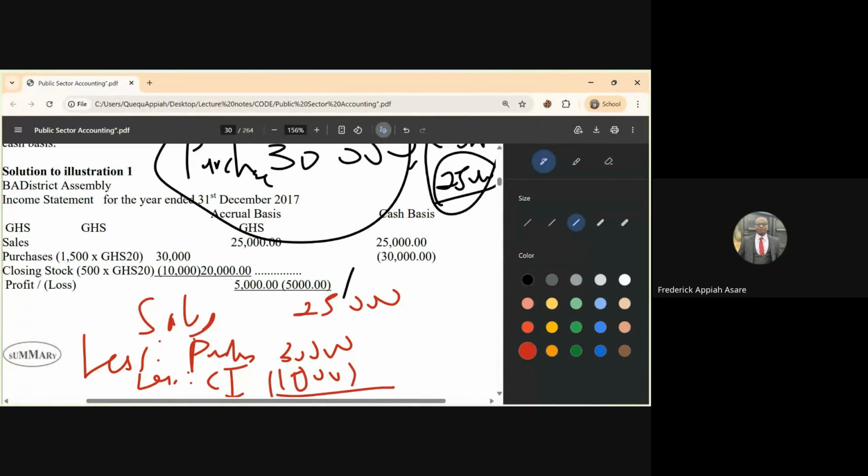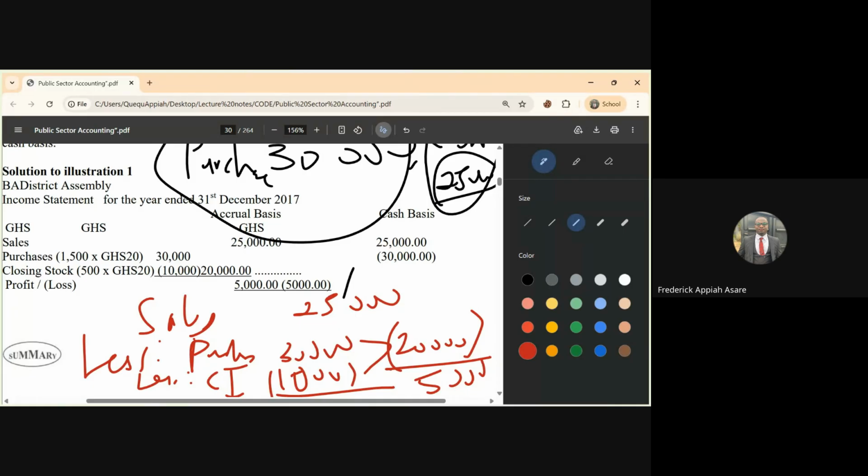So if I deduct this, I will get 20,000 here, right? Yes, please. Then when I less it from the sales, I will get profit of 5,000. This is the accrual basis.